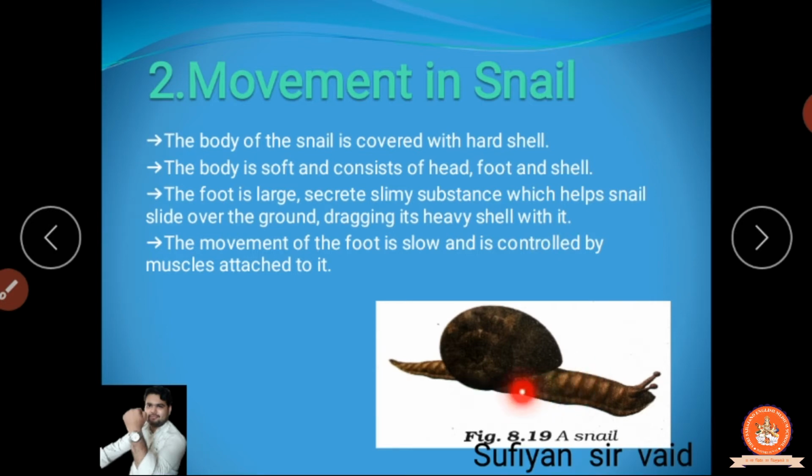So they have a long, large foot. Clear? And when they move, such like earthworm. Clear? So earthworm also secretes slimy substance, and the snail also secretes slimy substance in the opposite direction of the movement. Clear? And it helps them to move.